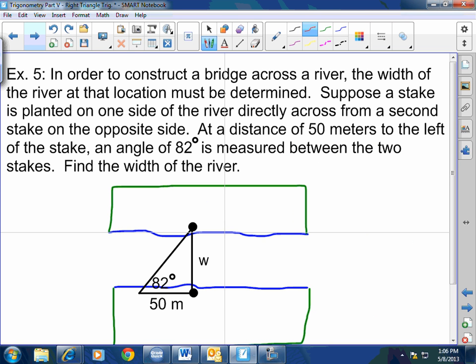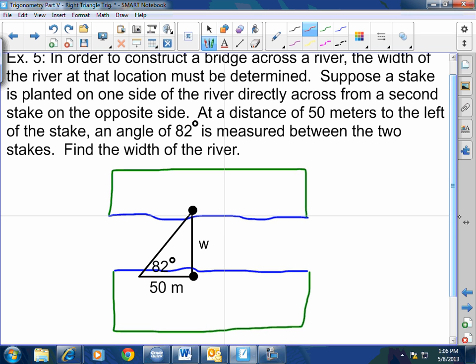Real life. In order to construct a bridge, and this is what they do, guys, across a river, the width of the river at that location must be determined. That's what W is right here, guys, okay? That's the width of the river. Now think about it. I'm not trying to be sarcastic, but you can't swim across the river with a measuring stick. That isn't going to work.